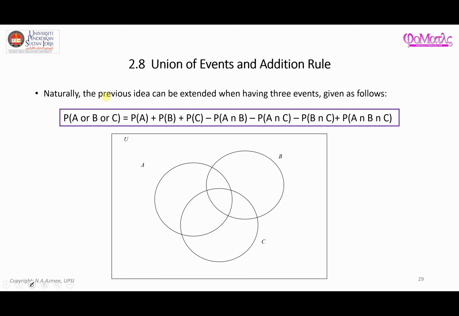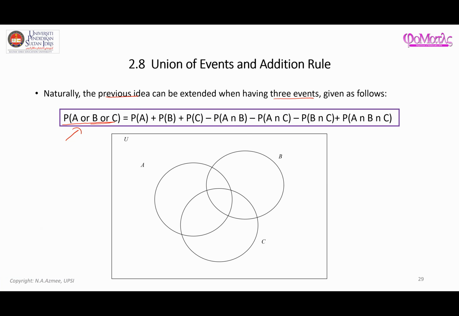Okay, naturally the previous idea can be extended when you have 3 events. So let's say you want to find the probability of A union B union C. So naturally the formula gets extended, and we have a longer result here on the right hand side of the equation.